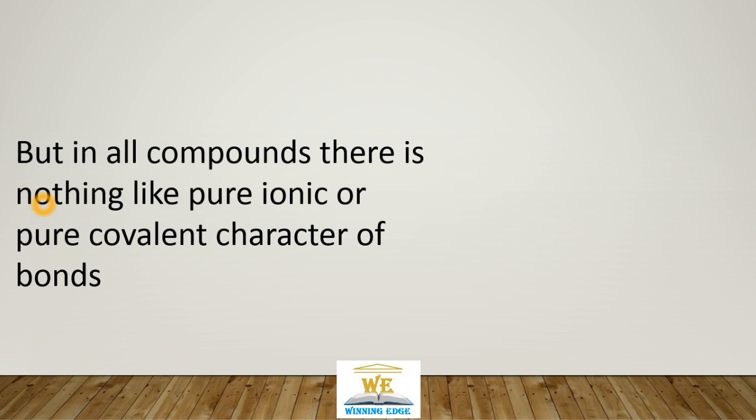We know now from Fajan's rule, no purely covalent or purely ionic character exists for these alkaline earth metal or alkali metal salts. Applying Fajan's rule, qualitatively we can say whether it has a certain covalent character or not.